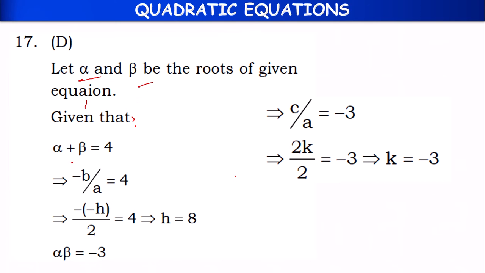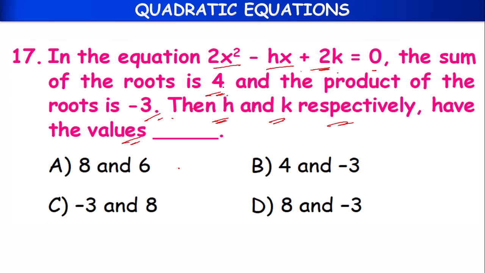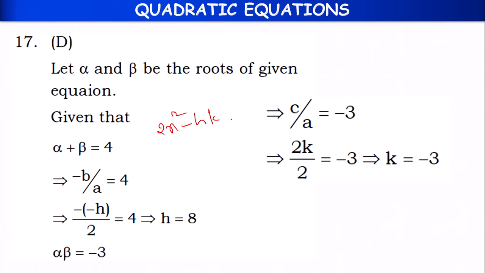Given that alpha plus beta equal to 4, the sum of the roots, which is equal to minus b by a. The given equation is 2x square minus hx plus 2k equal to 0.